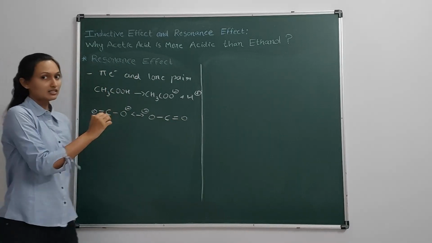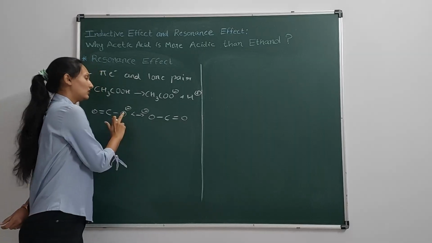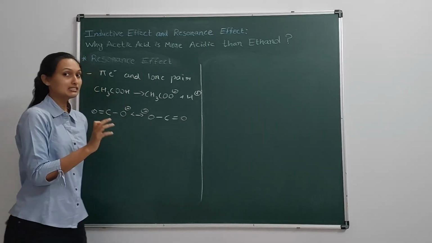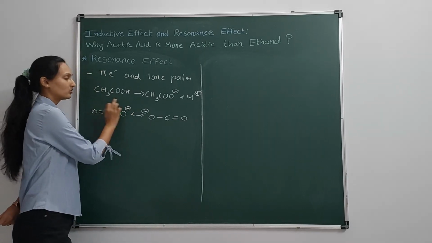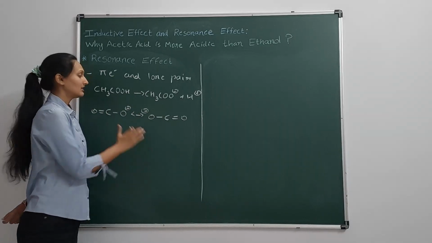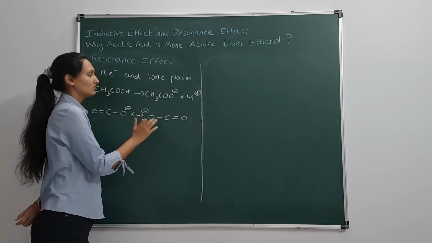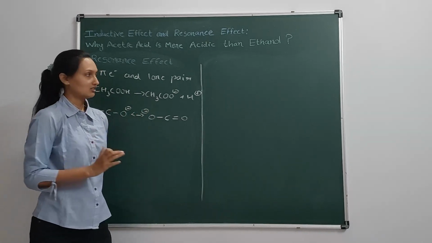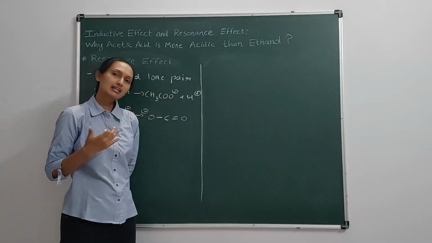This negative charge is not localized on only one oxygen atom. It is distributed over both oxygen atoms. So this acetate ion is stabilized due to the resonance structure, and due to this, it releases H+ very easily.